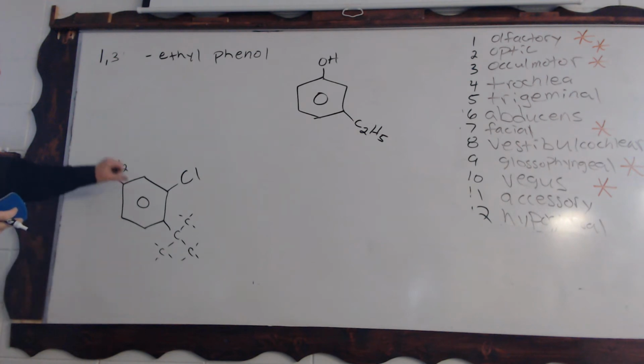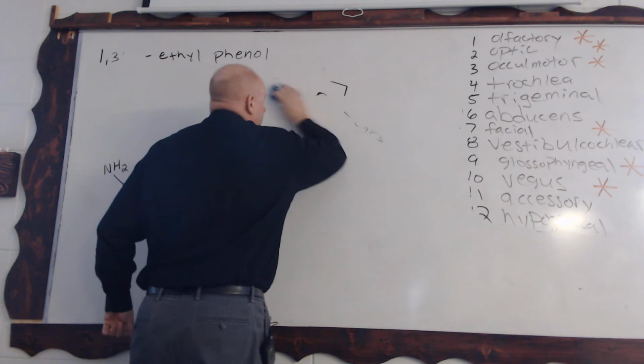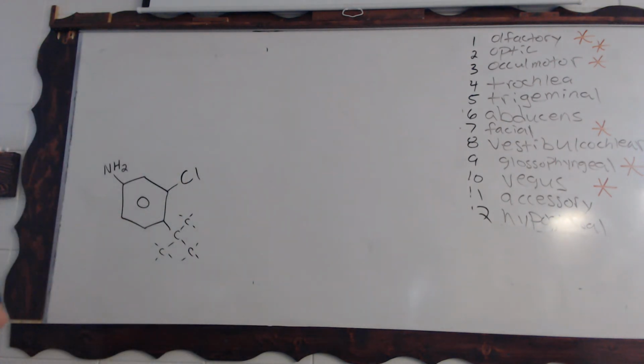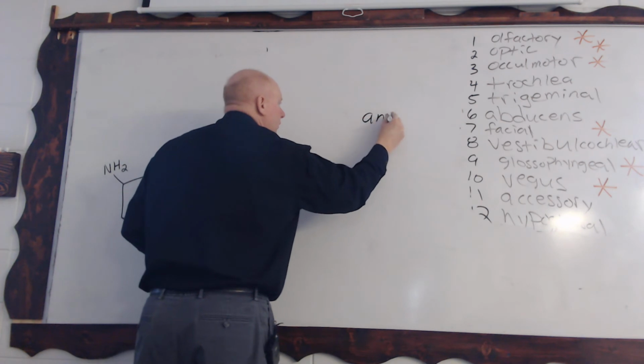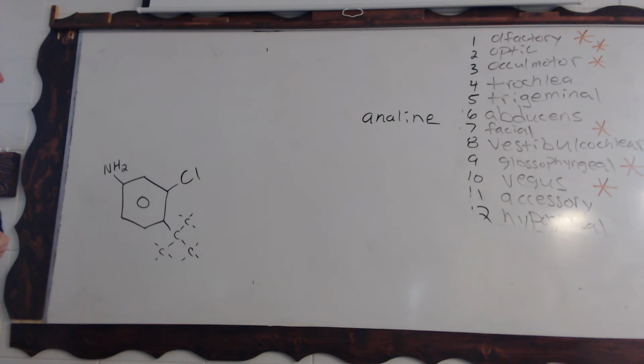This one does have a common name. So what is the common name for this one? And you said aniline, that's right. And we can't use our letter abbreviations of O, M, and P. POM, MOP, OPM.